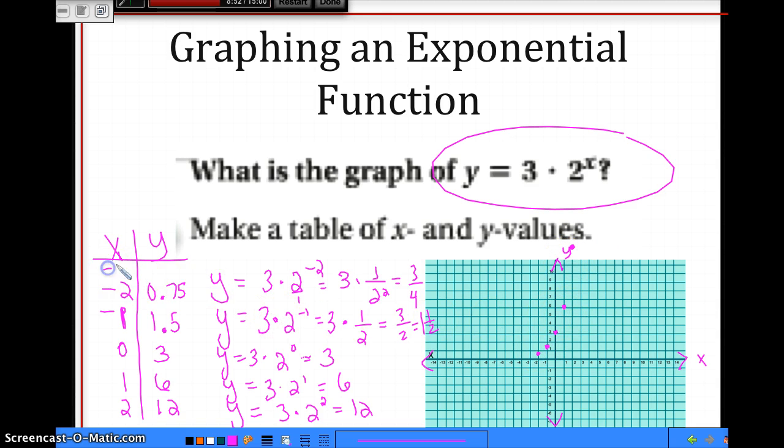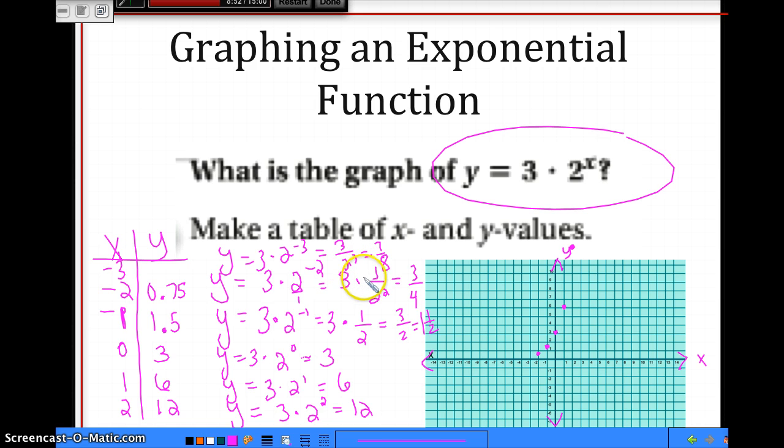If I put in a negative 3 here, what would this be? I could keep doing this. That'd be 3 divided by 2 to the third, which is 3 over 8. 2 to the third is 8.